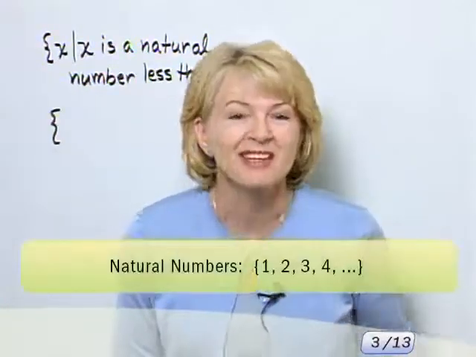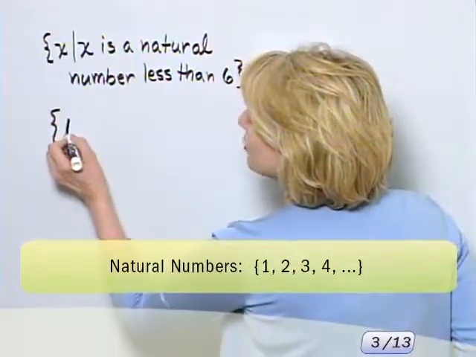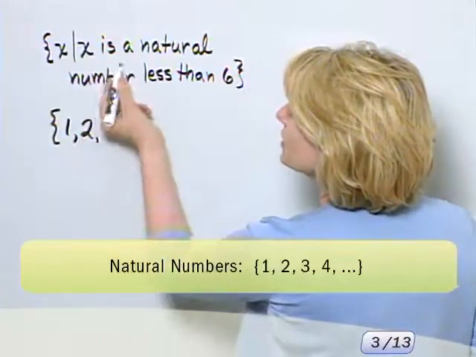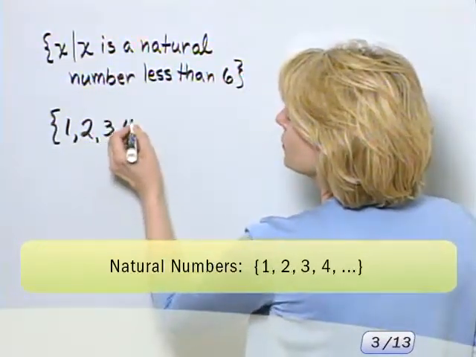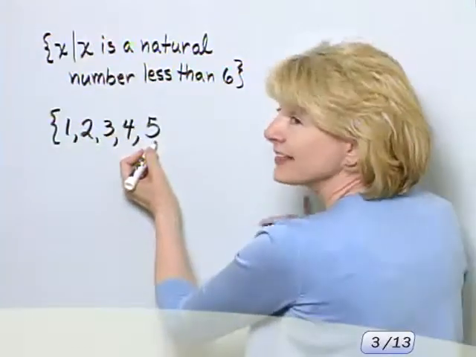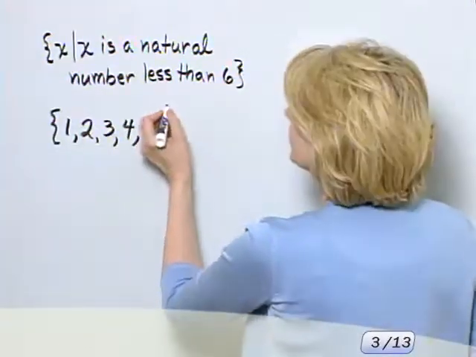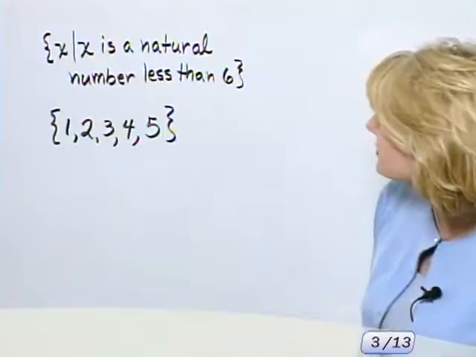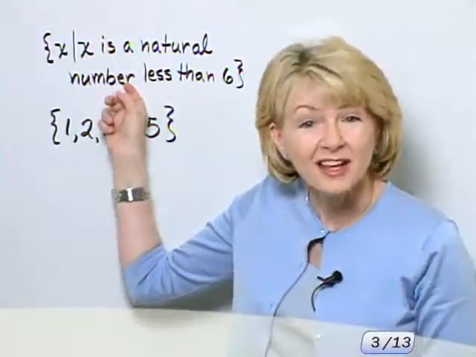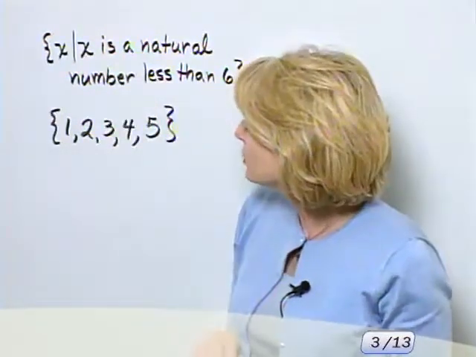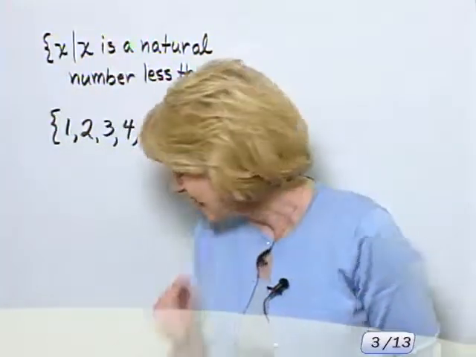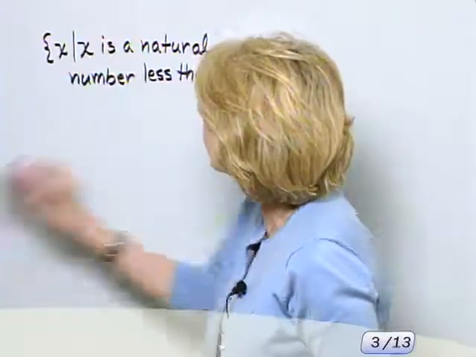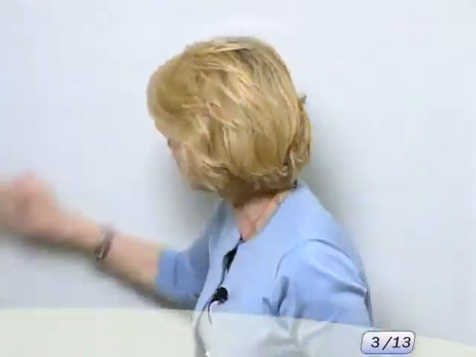Natural numbers begin with 1. So I have 1, 2, 3, 4, 5, less than 6, so I do not include 6. Here we have the set in set builder notation, and here we have the set with the elements listed.